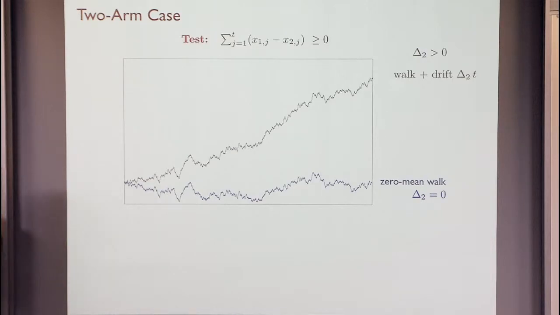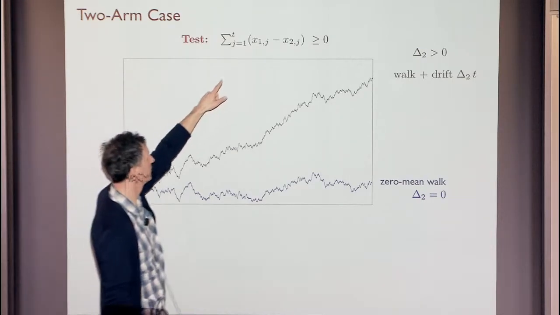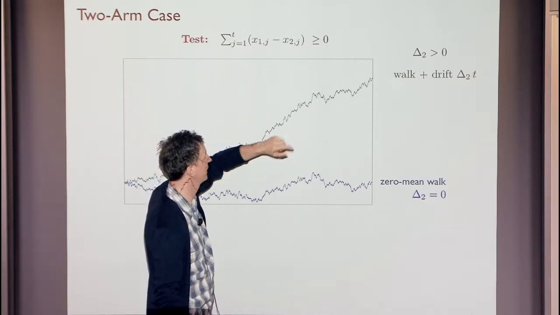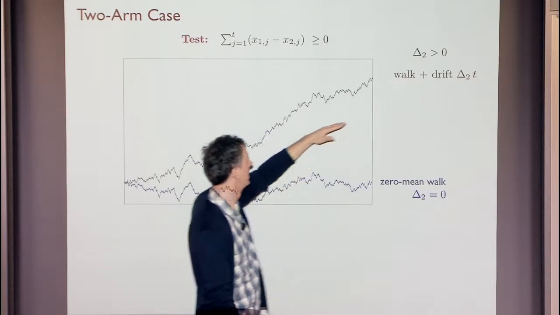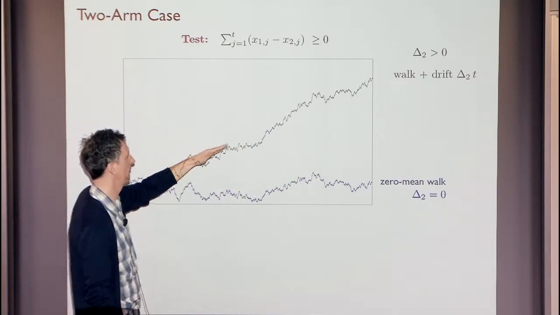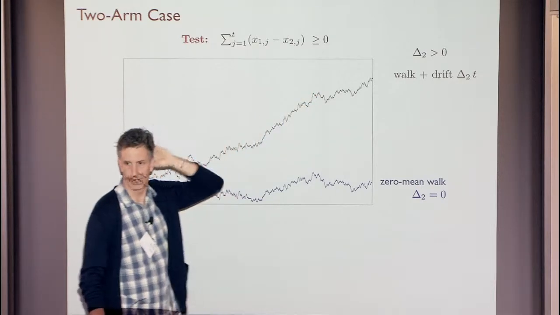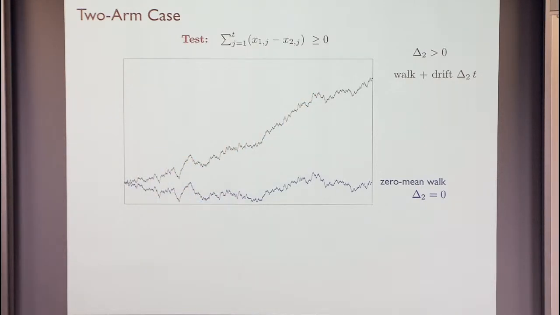On the other hand, if the mean mu_1 is really bigger than mu_2, then Delta_2 is greater than 0, and you're going to have some drift. And so your random walk is going to be a walk with a drift. Okay? So there's the drift. And what do we know about random walks?